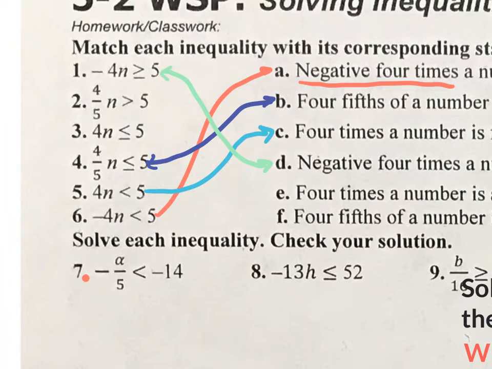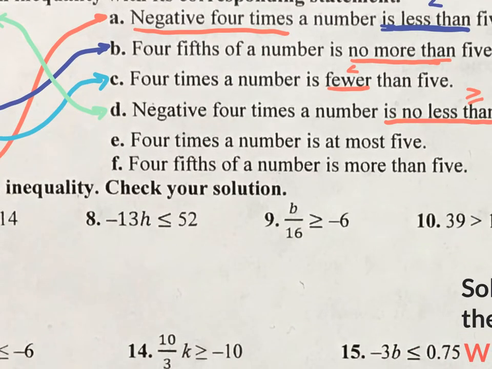Which other one? E, it says 4 times a number is at most 5. What does at most 5 mean? Could it be 4? Yes, it could. At most 5 means you can't go over 5, right? So could it be 5 itself? Yes, at most 5. 5 is at most 5, right?